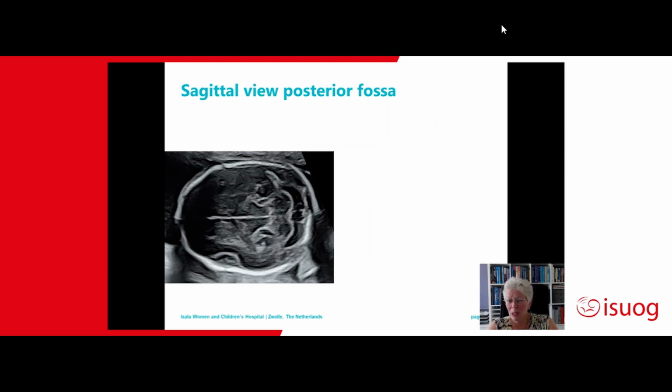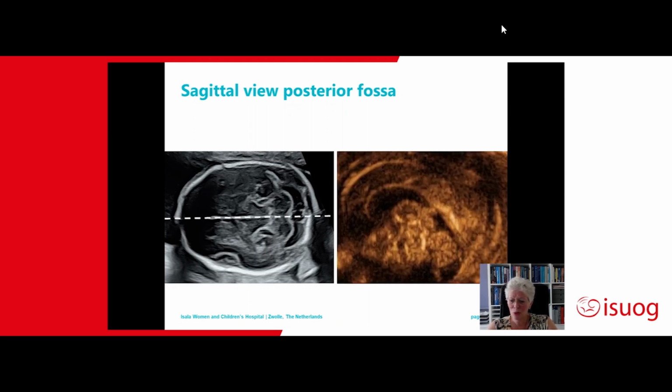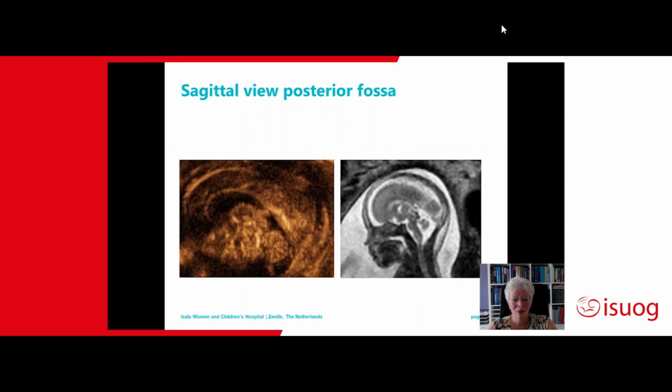To have a good look at the posterior fossa, it's important to make a sagittal view. If we make the sagittal view, we get this image, where we can see the fastigium over here, and there the cerebellar vermis. Another important thing that we can see in the sagittal view is the torcular Herophili.